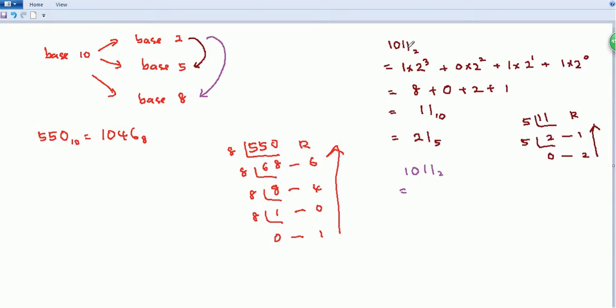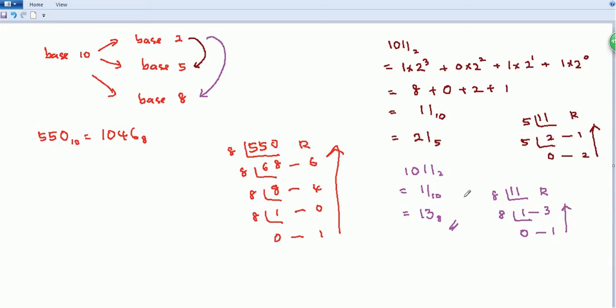Okay, we have done it just now, which is equal to 11 in base 10. Okay, so 11 you want to change to base 8. 11 divided by 8, remainder here. Okay, 1, the remainder is 3. 8, okay, put a 0 here. Remainder is 1. Then you can stop because you have seen a 0 here. Okay, so the answer is 13, base 8.